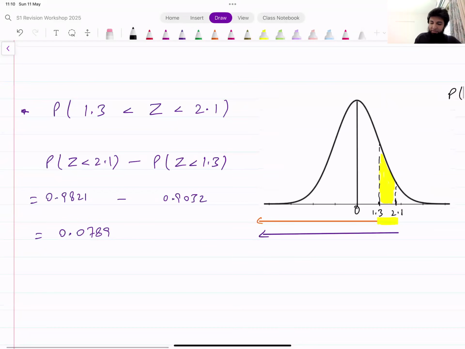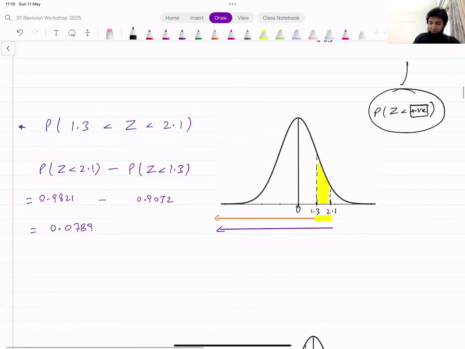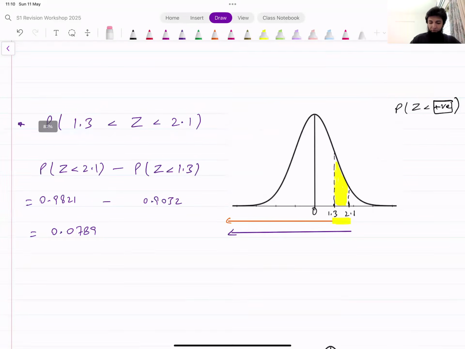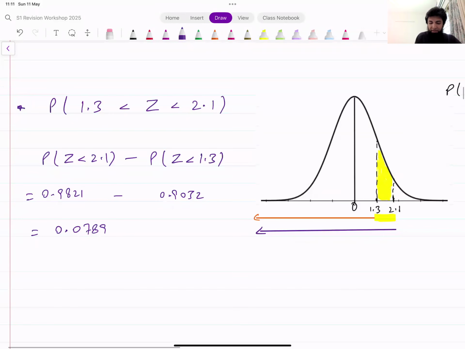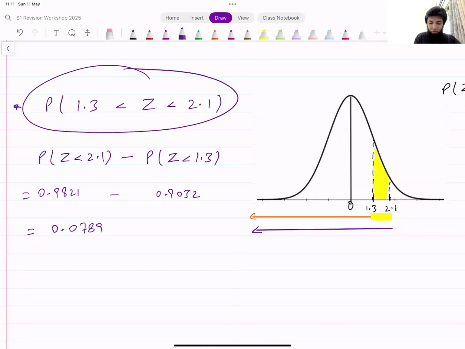Remember, the standard form is z less than a positive number. That's the form for which we can use the table. So what we do is we say, let's find the area to the left of 2.1, all of this area. Okay, subtract from that the area to the left of 1.3. And that would leave you with the shaded region that you've got here. Again, do not think of inequalities.